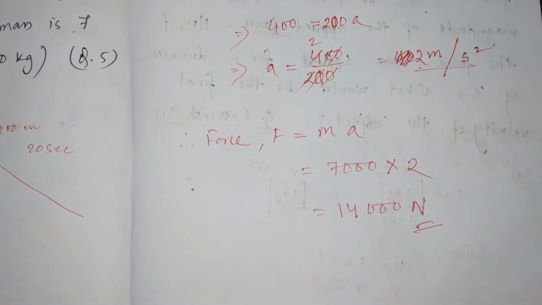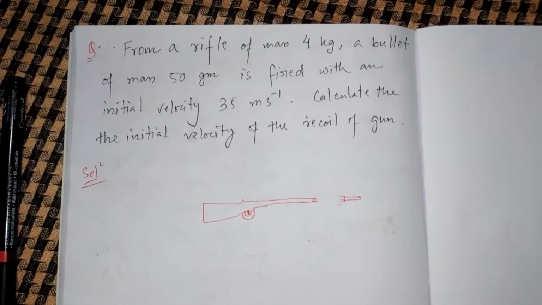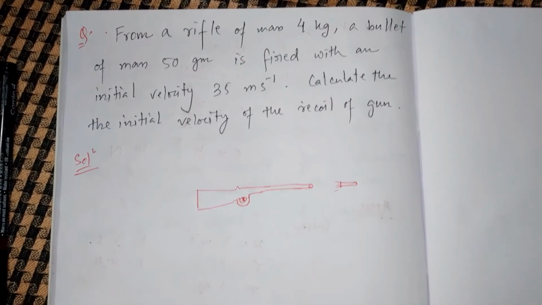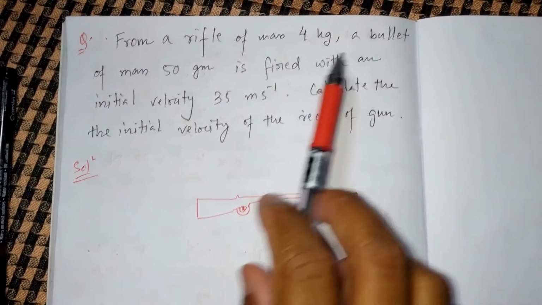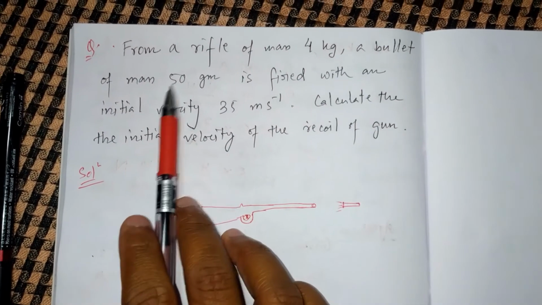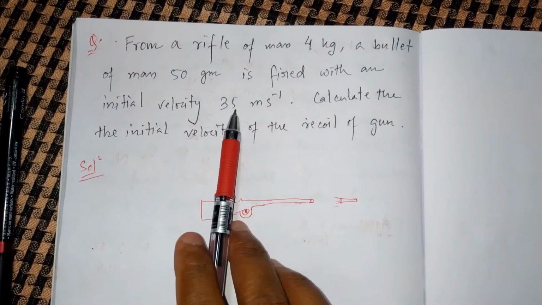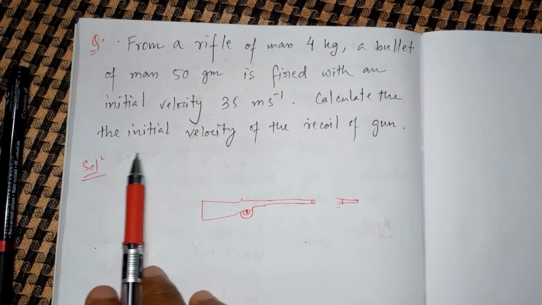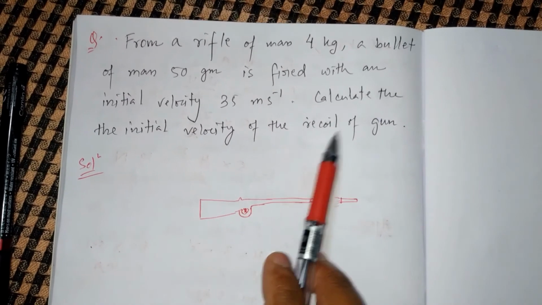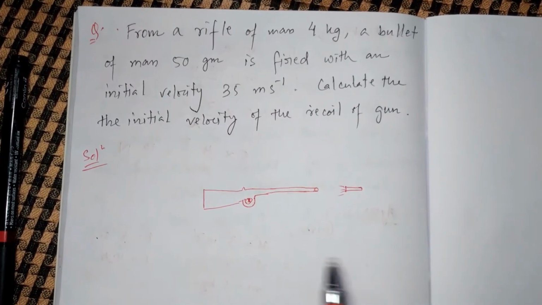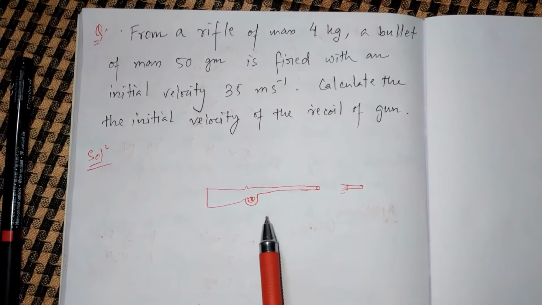Let's see the next question. Students, see the next question. This question says a rifle of mass 4 kg, a bullet of mass 50 gram is fired with an initial velocity 35 meter per second. Calculate the initial velocity of the recoil of gun. So you see this question is related with the recoil velocity.